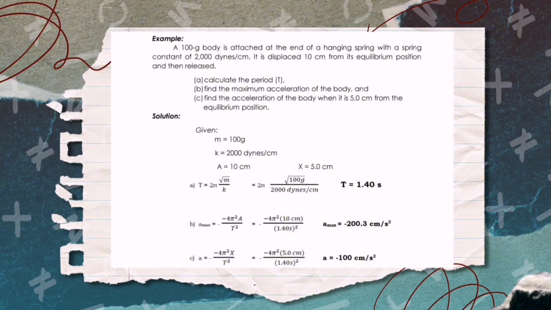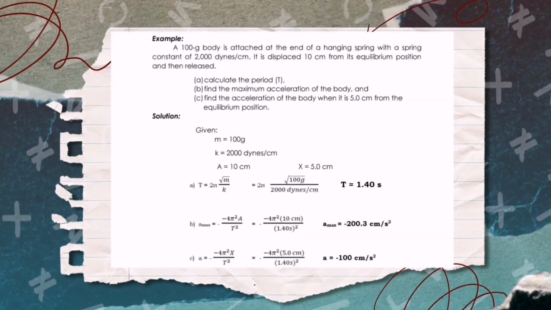So these are the given data. M is equal to 100 grams, K, or the spring constant, is equal to 2000 dynes per centimeter, A is equal to 10 centimeters, and x is equal to 5.0 centimeters.